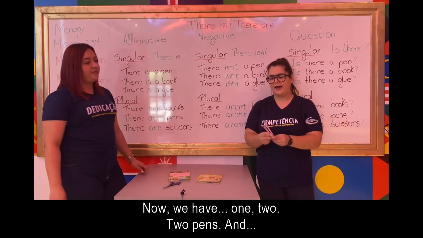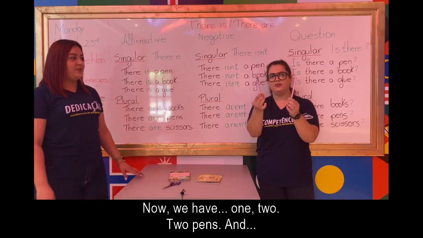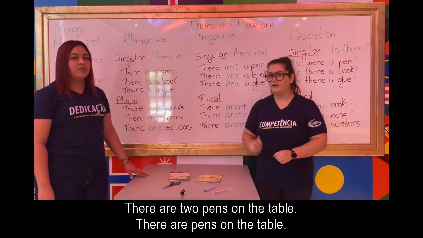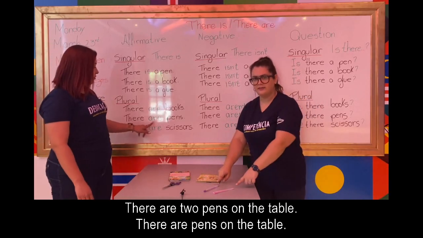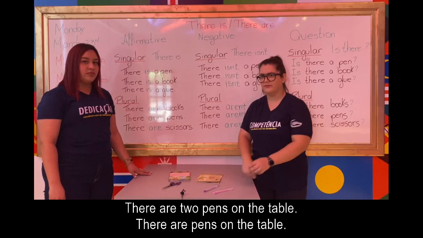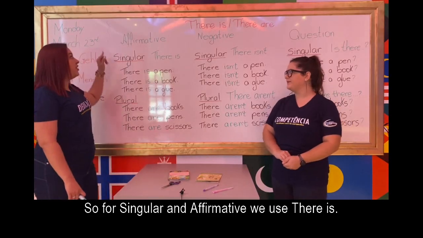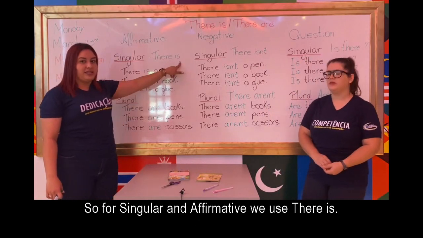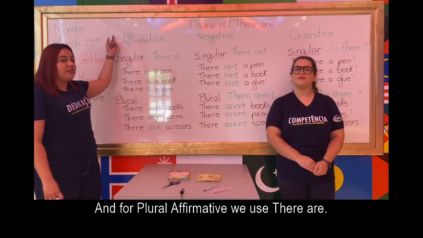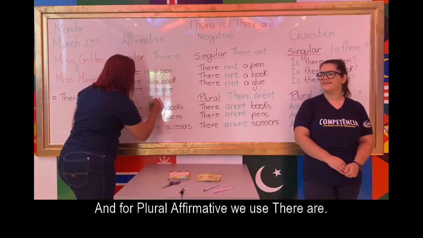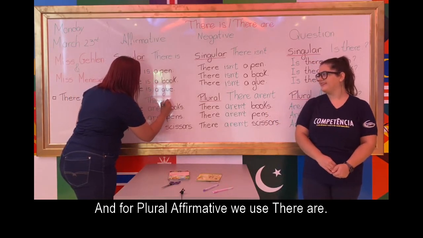Now we have one and two pens, and there are two pens on the table. Okay, so for singular, affirmative, we use there is, and for plural, affirmative, we use there are.